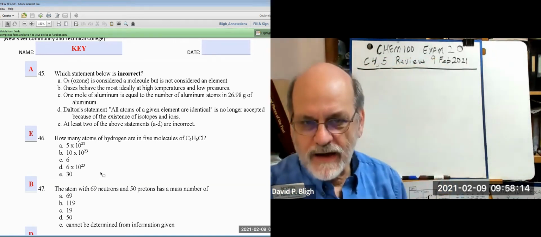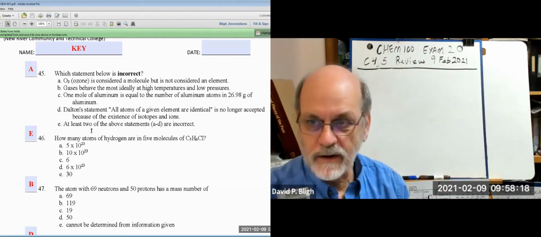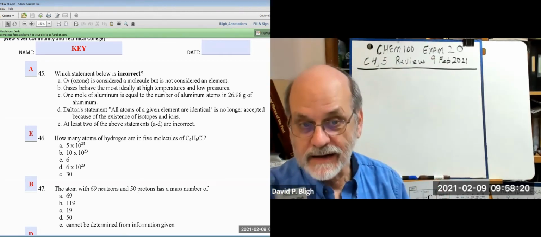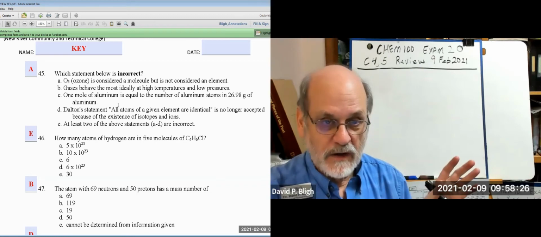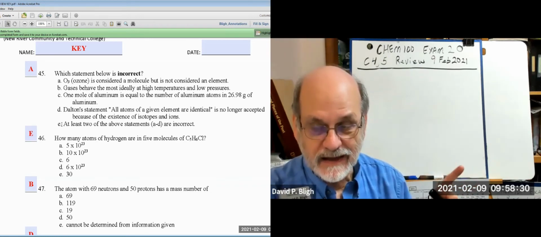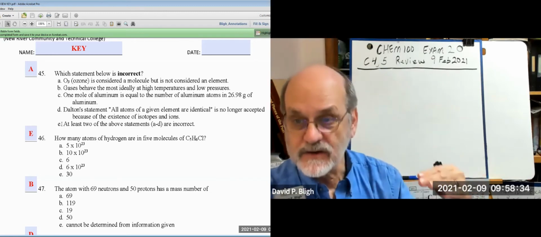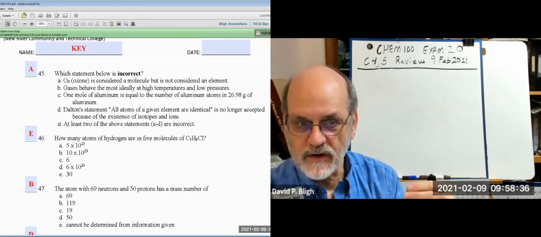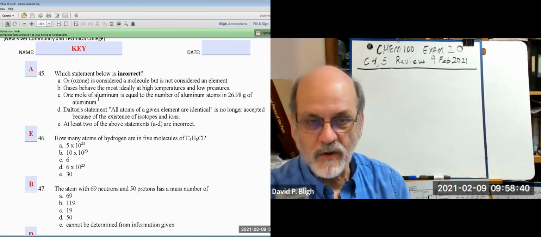All right, now we got this ringer E. At least 2 of the above statements are incorrect. So if we find one that's incorrect, we're not done yet because we got to eliminate E. If there's only one that's incorrect, then that's the answer. But if there are 2 that are incorrect, then E is the answer. So we got to find out which ones are incorrect out of all these.